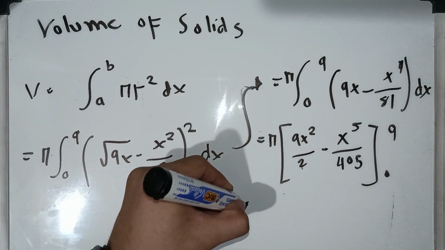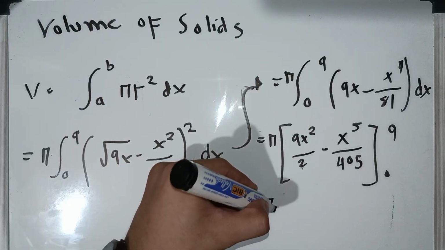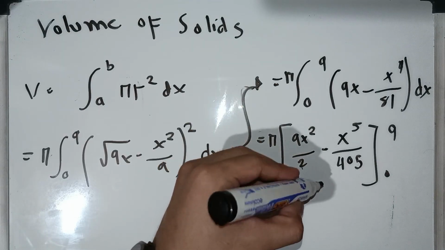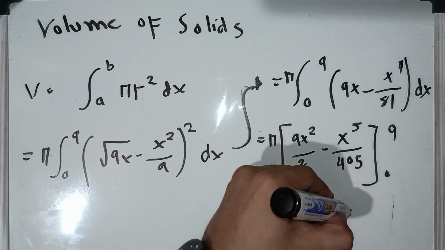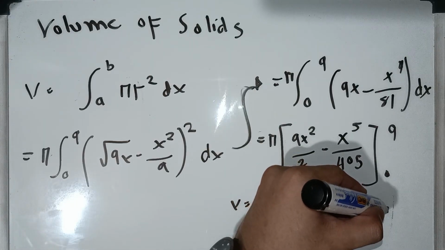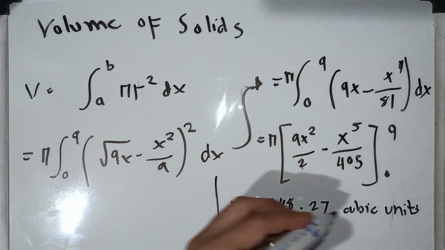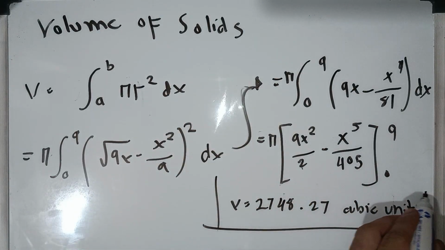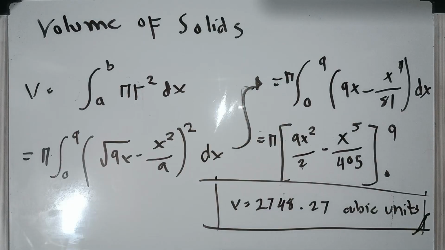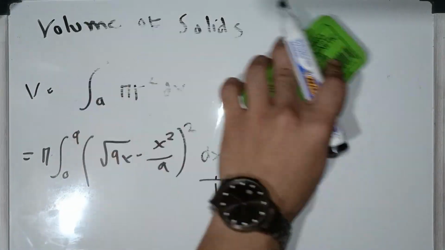So that is now equal to 2,748.27 cubic units. So this is now the volume bounded by the two parabolas. And that's the end of our topic, volume of solids.